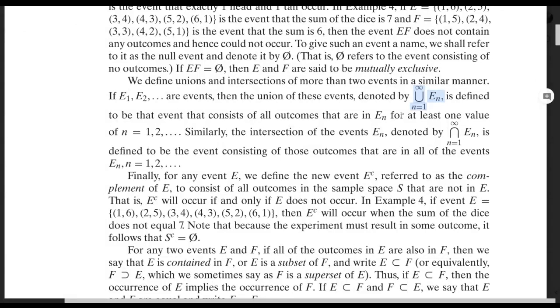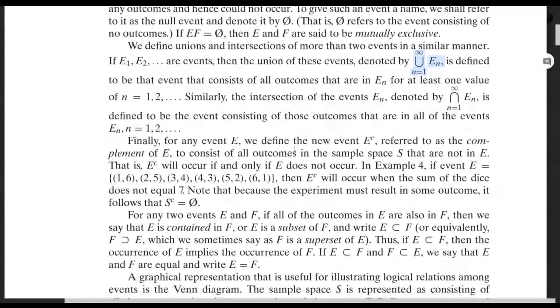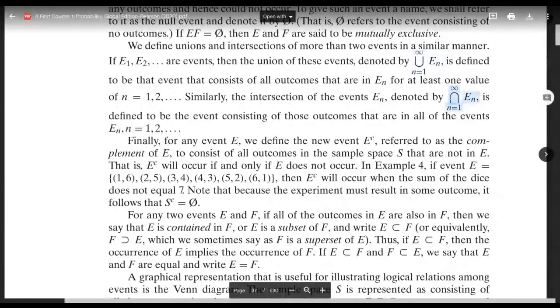Or this could be N; the infinity sign could be other numbers, which means we'll have finitely many events, like the girl and the boy. And similarly, we use this notation to denote the intersection, which means the outcome happens in all the events.